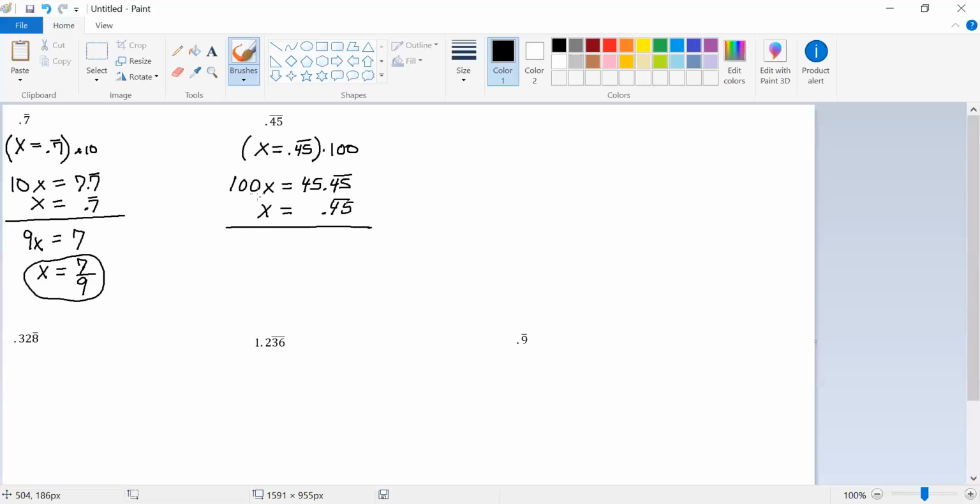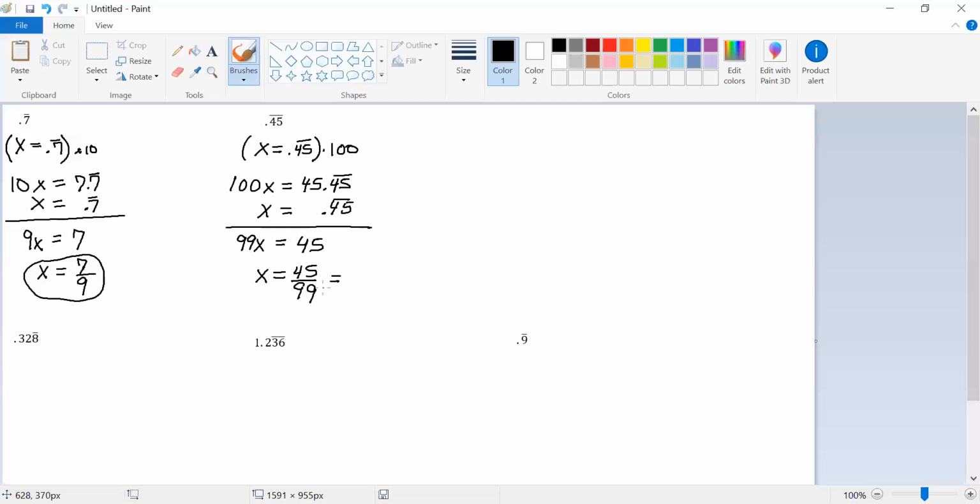And I'm going to subtract. So 100x minus 1x would be 99x. The 0.45s give me 0, so that just leaves 45. Divide both sides by 99 to get 45/99. Both of these numbers are divisible by 3.